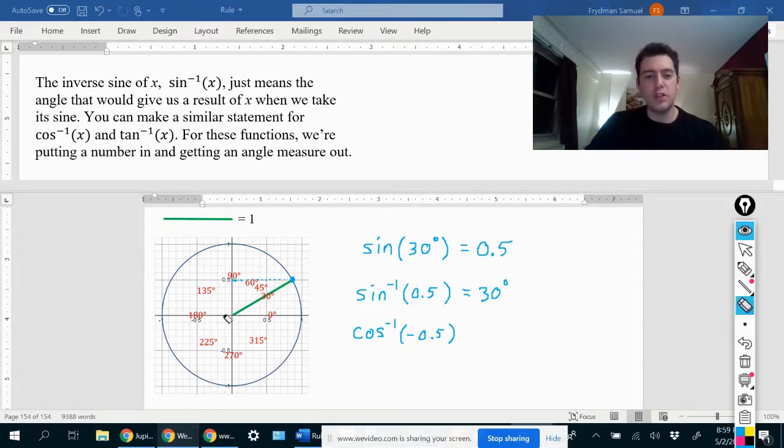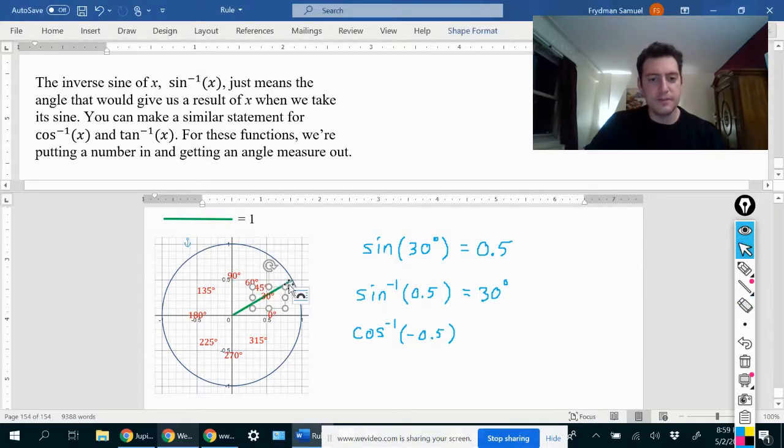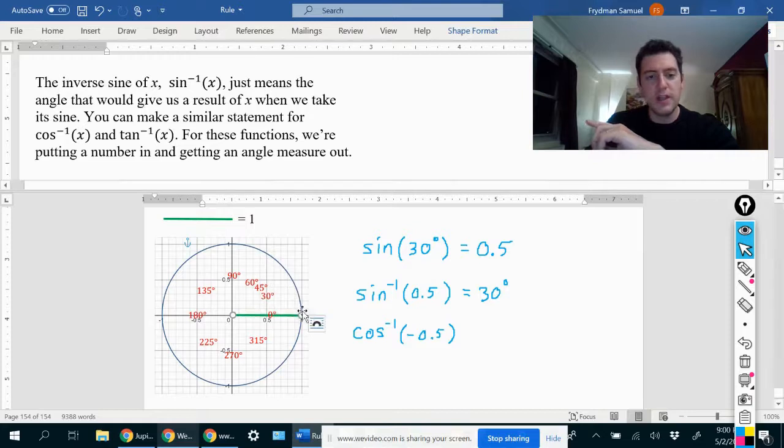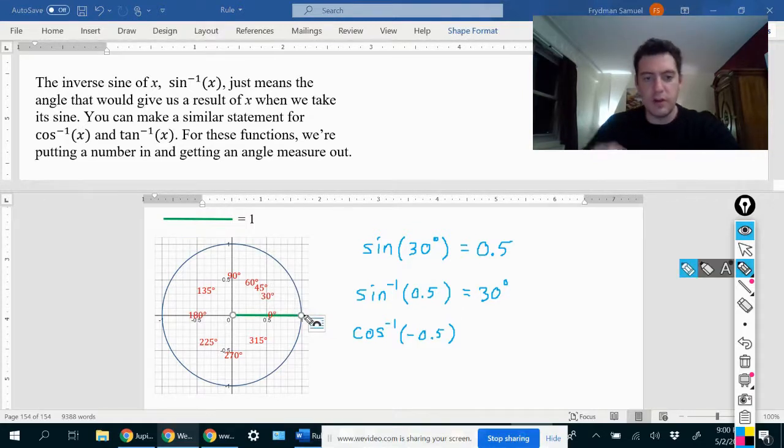So what we're going to do is take our line here. Remember that when we talk about the cosine of an angle, we look at where the line meets the circle. So let's say I started over here. The line intersects with the circle right over here.